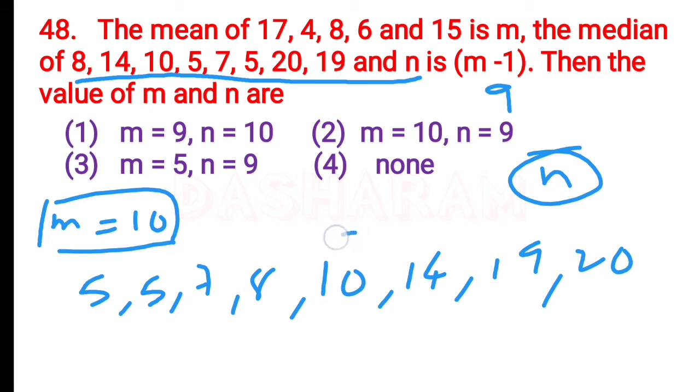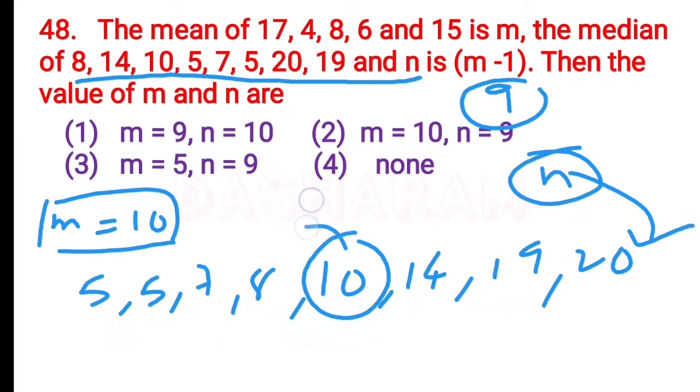The middlemost value is the median, and the median we already have is 9. So should n come at the last place, or before 10? Yes, n should be before 10. So n equals 9 and m equals 10.